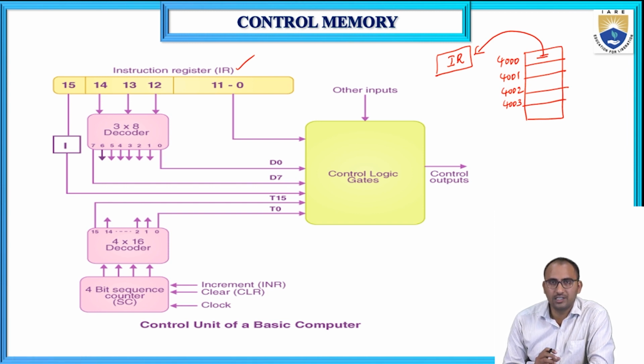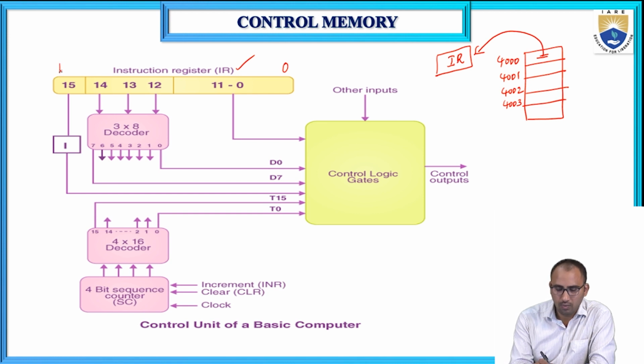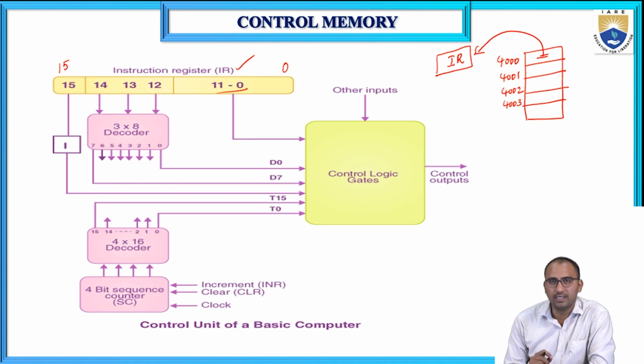It is a 16-bit register, so the size of the instruction register is 16 bits in total. Bits 0 to 11 make a total of 12 bits, and these 12 bits represent the address of the operand. The operand is nothing but the data on which we are performing the operation.